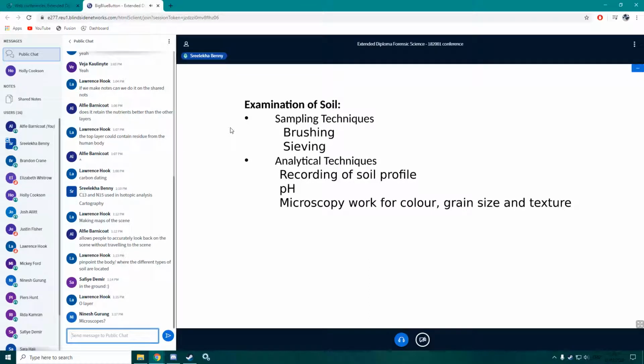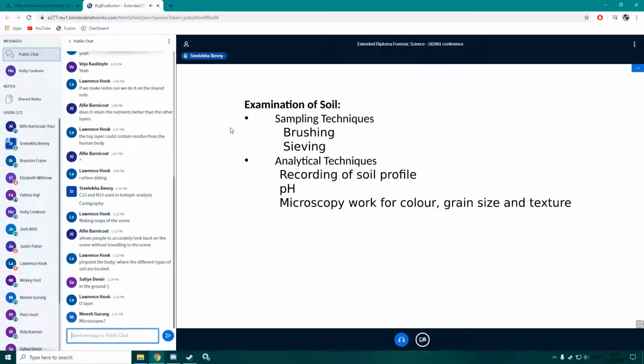Correct, microscopes. Anything else? And also microscopes. There are different types of microscopes. You must have gone through these different types in your chemistry lessons, biology lessons. Maybe it's electron microscopes and light microscopes.